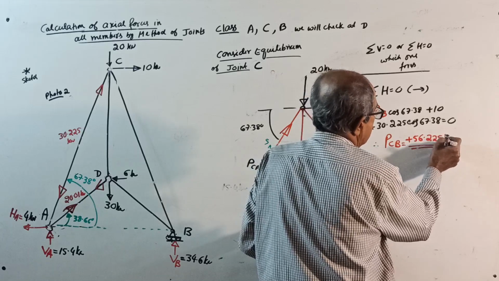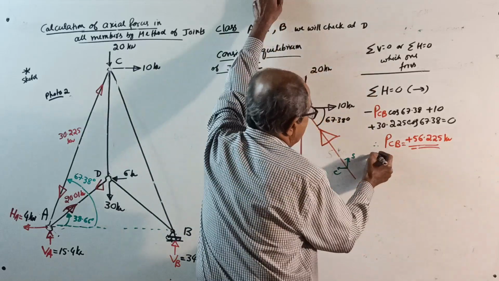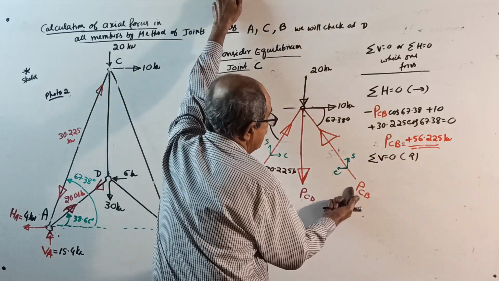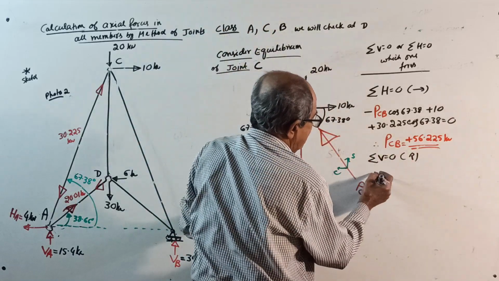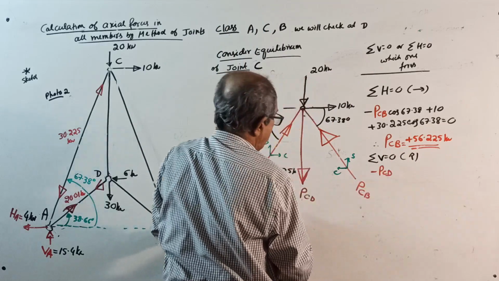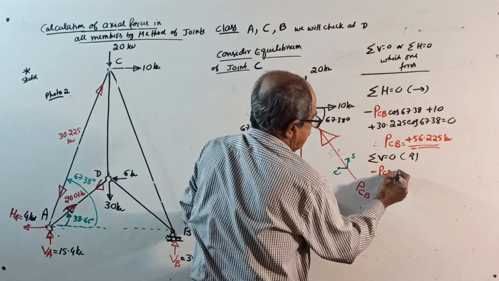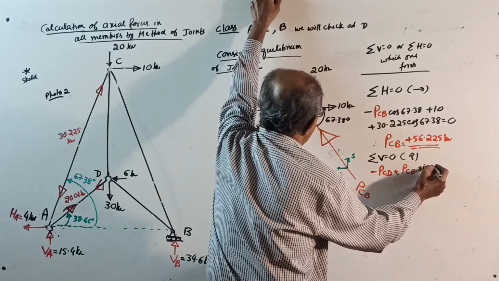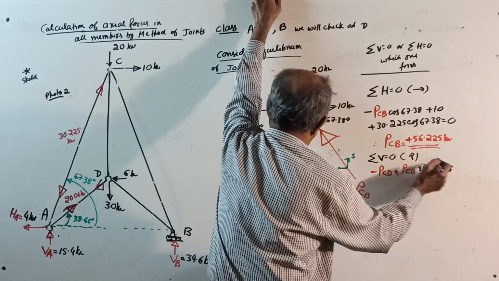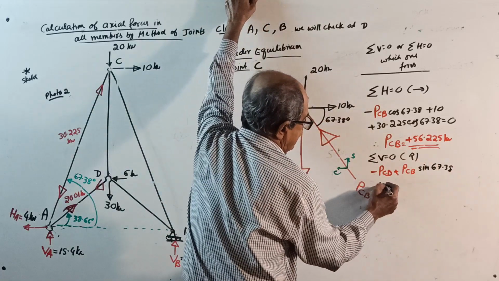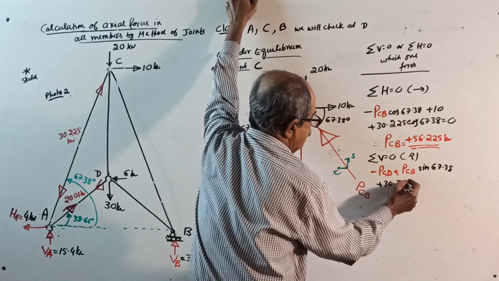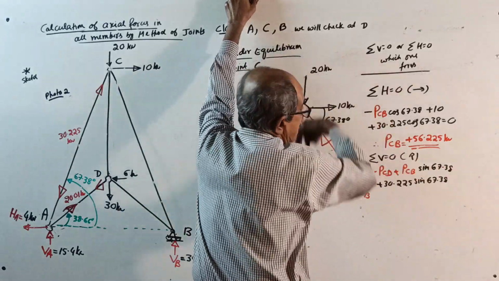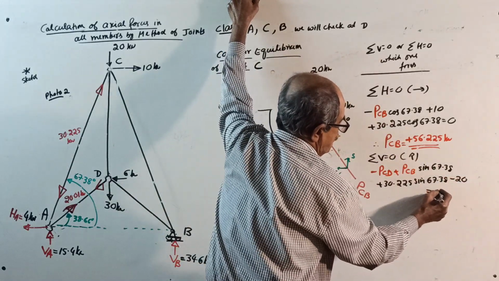So 56.225 kilonewton. Okay, then sigma V = 0, take upward positive: minus PCD, then plus PCB sine 67.38 plus 30.225 sine 67.38 minus 20 equal to 0.